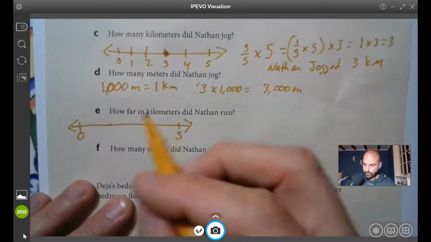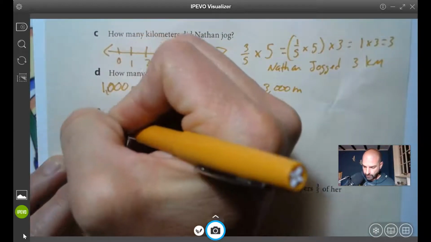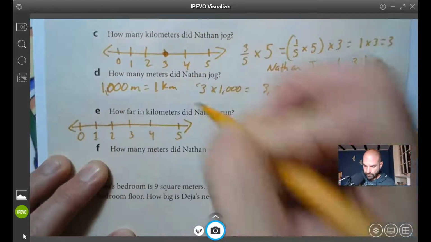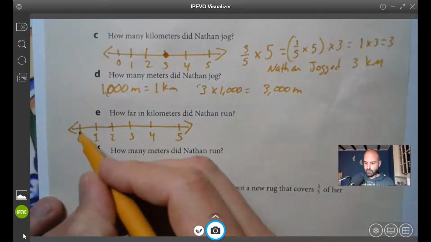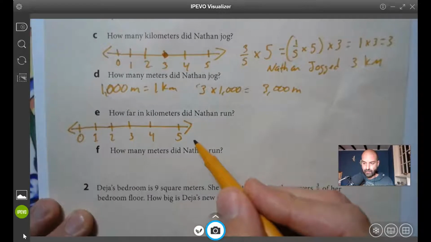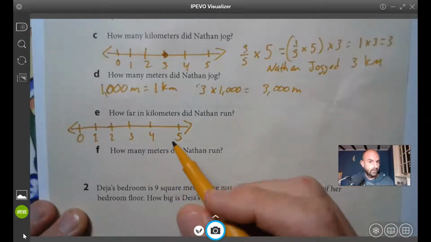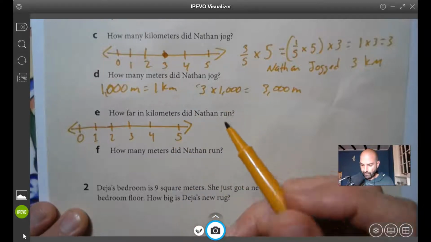If we have 5 kilometers, 1, 2, 3, 4, 5, what do I need to split each one into to turn this whole thing of a 5-kilometer race into 20ths? What's the relationship between 5 and 20? That's right, 5 times 4 is 20.